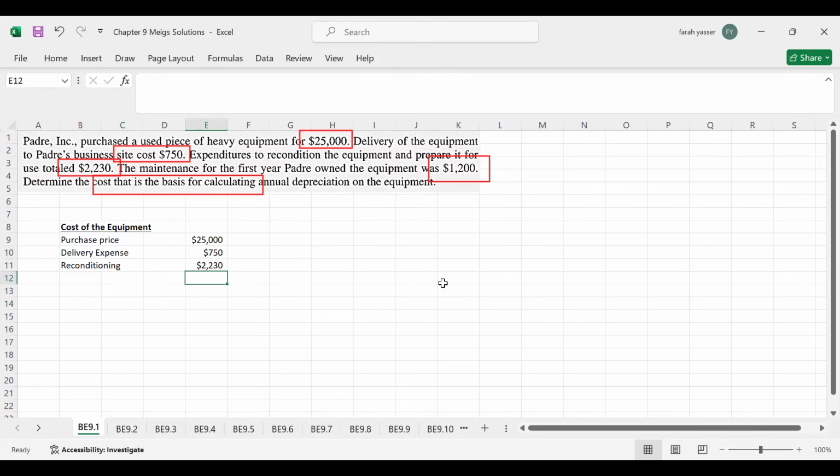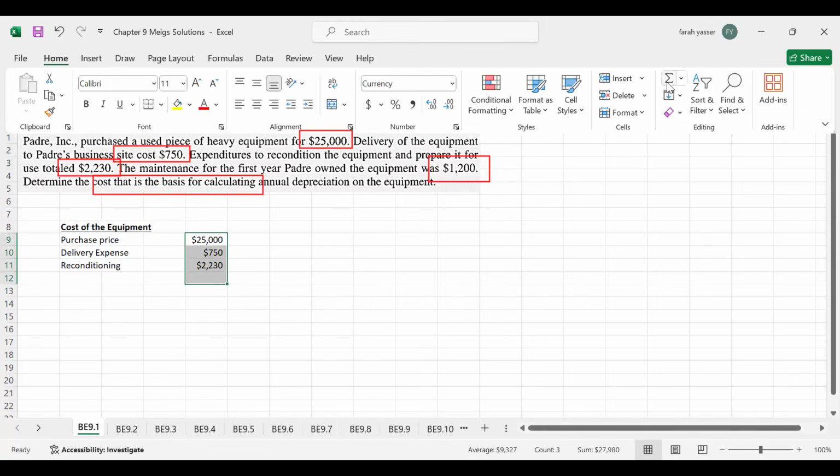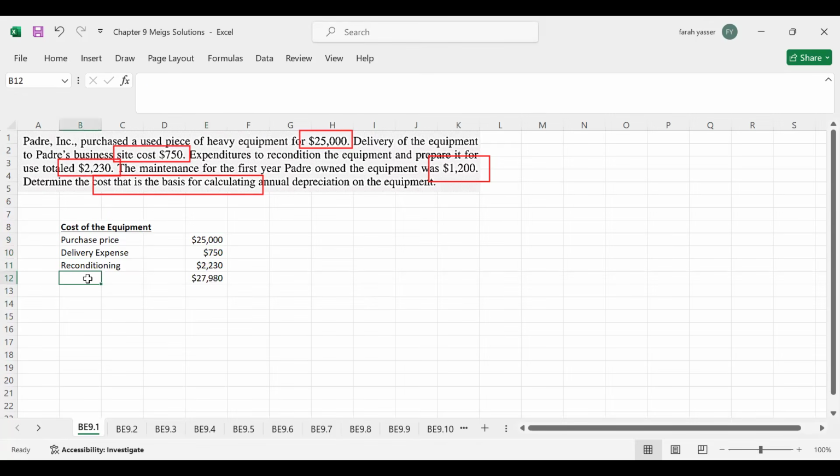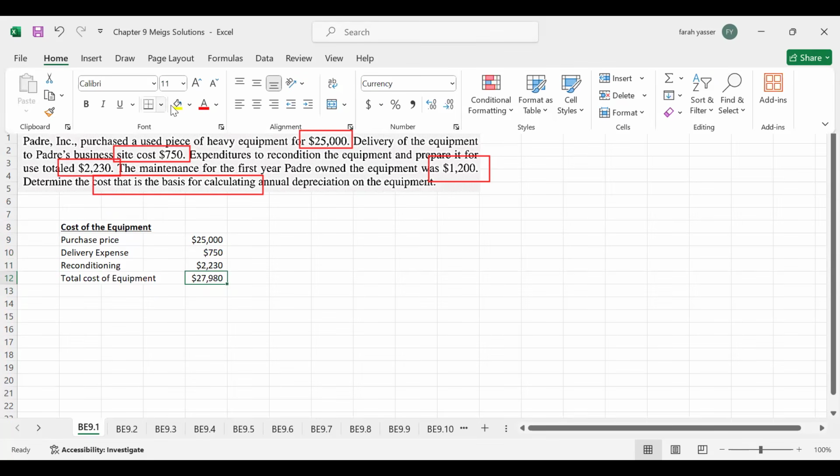So the total cost of the equipment, we are going to add it, is 27,980. So this is the total cost of equipment. Here we have the answer. So we highlight it.